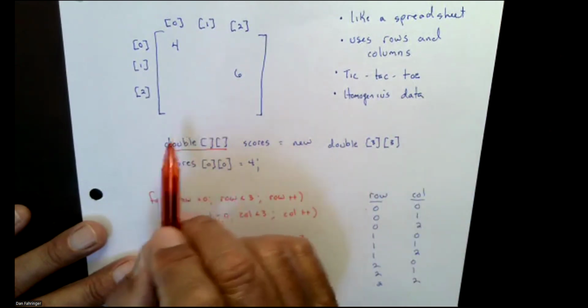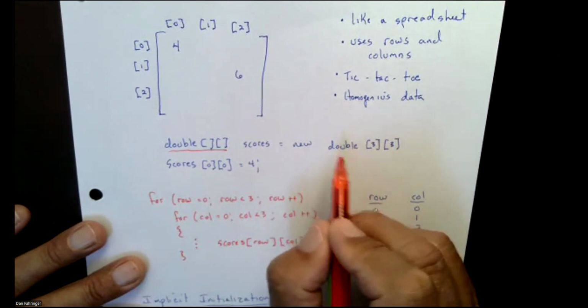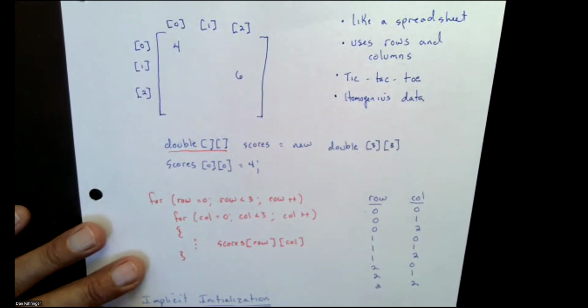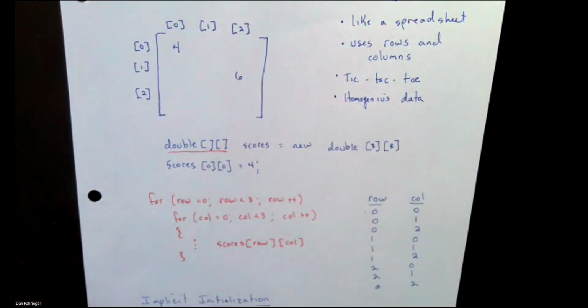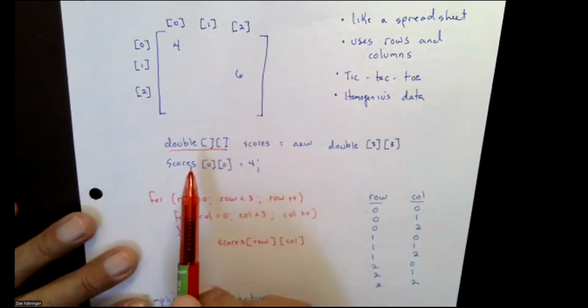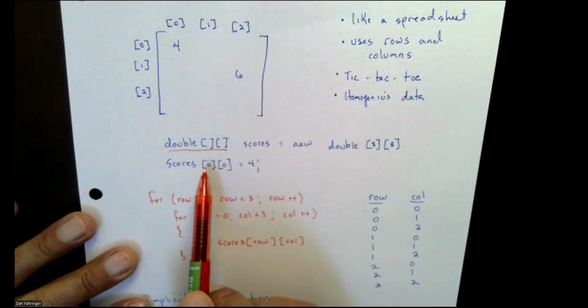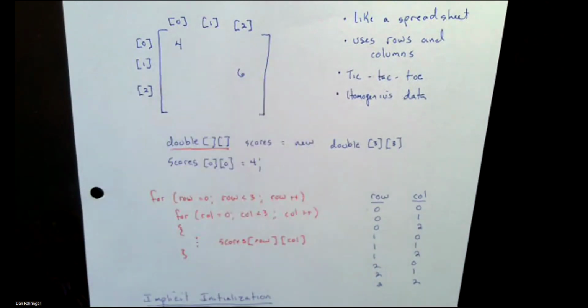But here it is again. Data type, the name equals new, the data type. Ever since we've learned about classes, we've started to incorporate this, and it now makes a little more sense. And again, scores sub row 0, column 0 equals 4. We put the 4 up there.